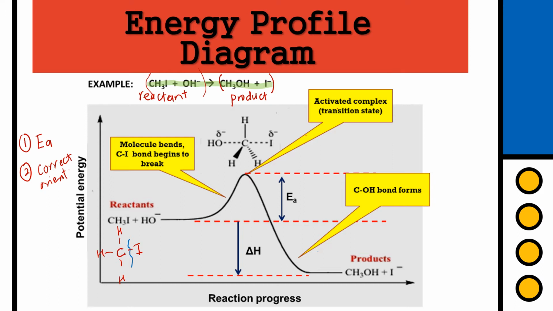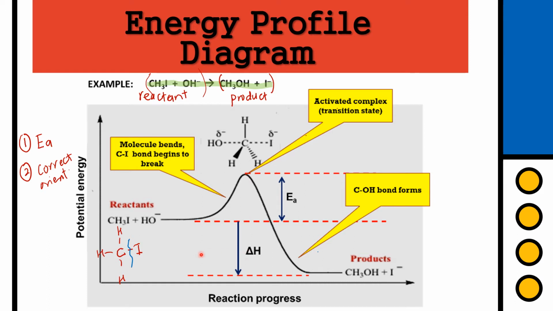So that's why you will get this activated complex. So once the activated complex is produced, next what happened? The C-I bond here will break and the C-OH bond will form. Once the C-OH bond forms, we will get our product and also the byproduct, which is I minus.